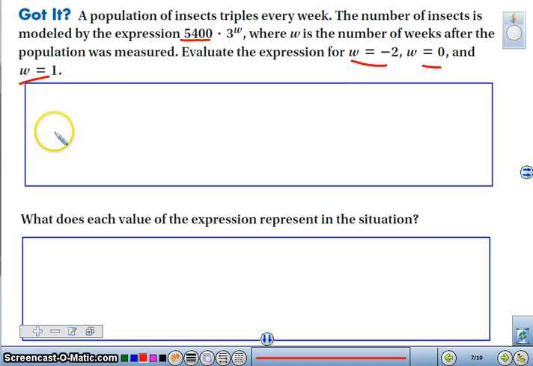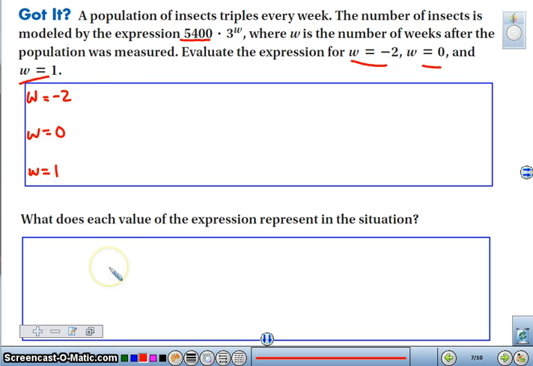I want you to use your notes and look at what you just did and try it now for each one of these. So we're going to do it when W equals -2, when W is equal to 0 and when W equals 1.